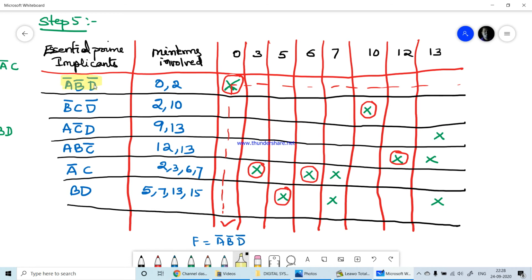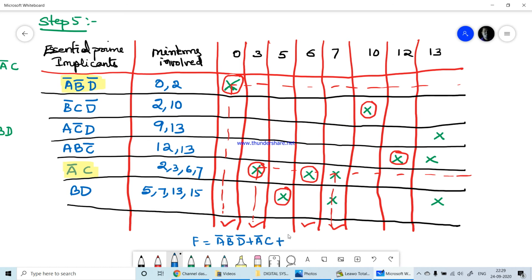Now coming to the next cross, I'll put a horizontal and vertical line for that. This cross is again meeting this cross, so this will be ticked, this will be ticked, and this will be ticked. Therefore this will give me A bar C in this expression, so plus A bar C.